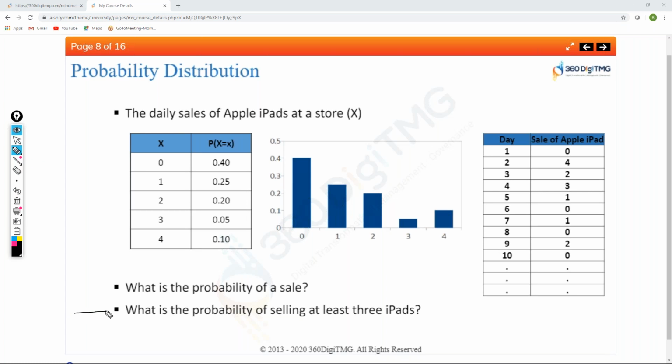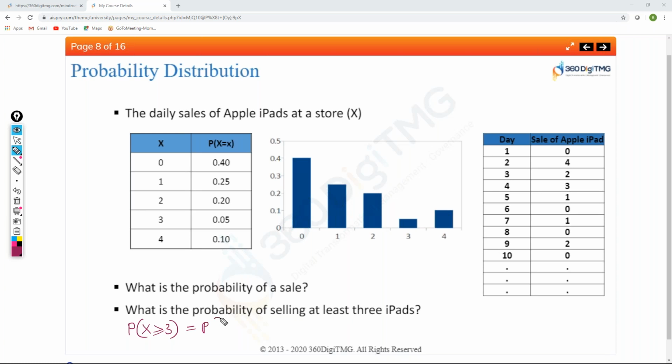What is the probability of selling at least 3 iPads? At least 3 iPads. 0.15, yes. How do you write it? At least 3 means greater than or equal to 3, that is, 3 or more than 3.